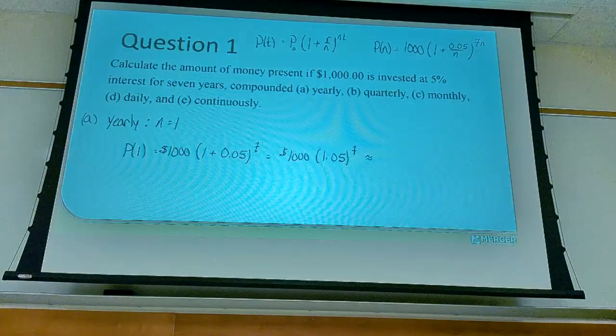Now, we're dealing with money, so we're just going to approximate to 2 decimal places. For this problem, I will use the calculator. 1,407.10.